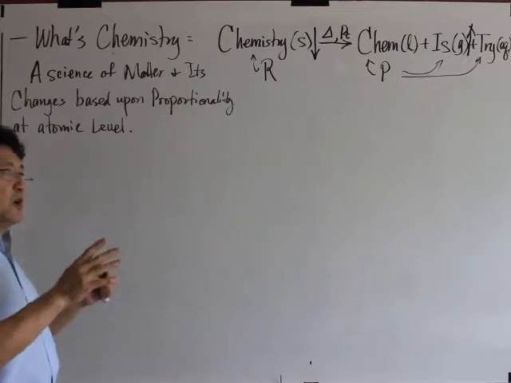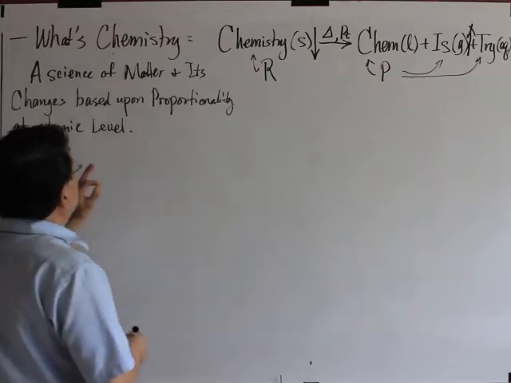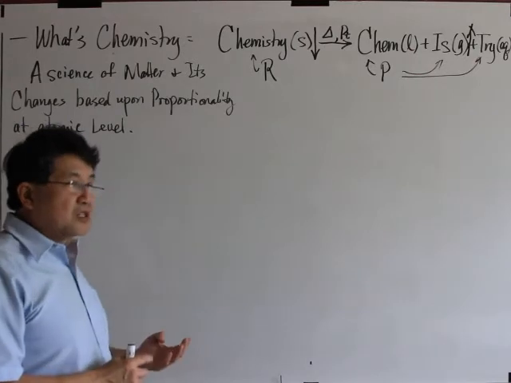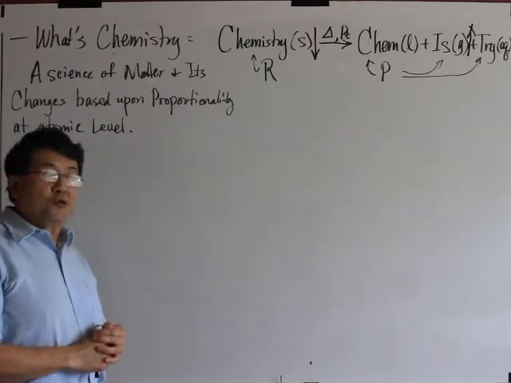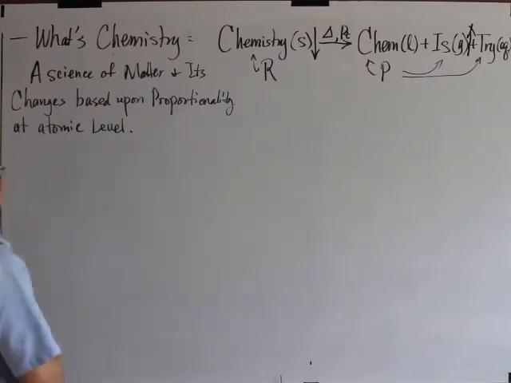But for the first part, general chemistry, we do not touch it. So we do not go very detailed into subatomic particles like protons, electrons, and neutrons. Of course, there are some even smaller ones.